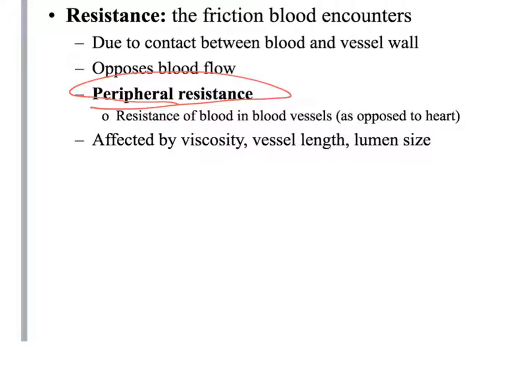Let's talk about viscosity first. When we talked about viscosity earlier, the viscosity of blood is altered in response to what? When did we talk about viscosity previously, Casey? Plasma proteins and what else?